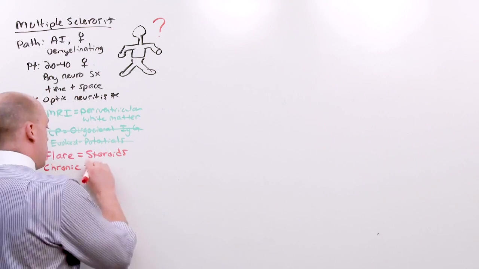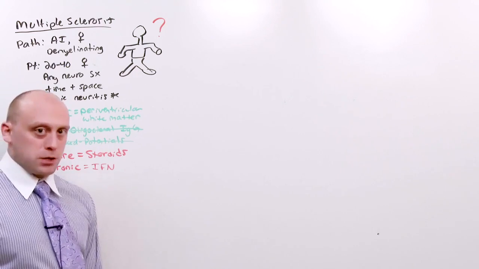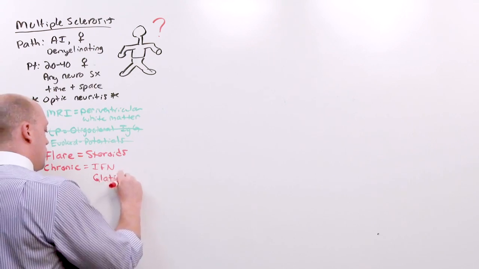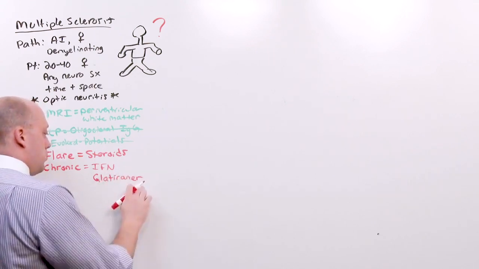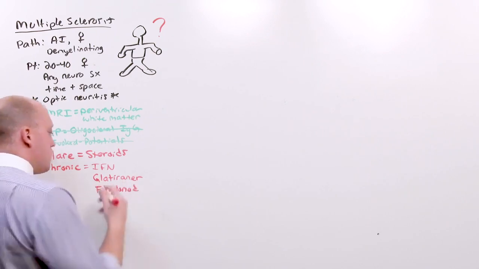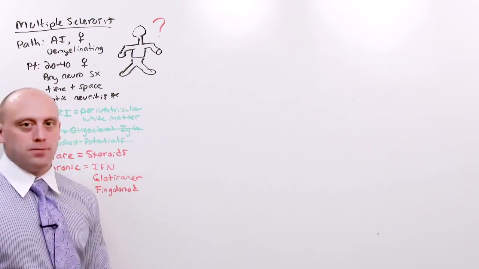So look for interferon. That's the one that we know works best in delaying progression. But also look out for glatiramer and fingolimod. Don't commit them to memory so much as to be able to recognize them as those are the MS drugs.